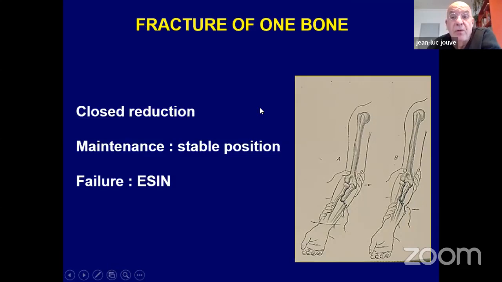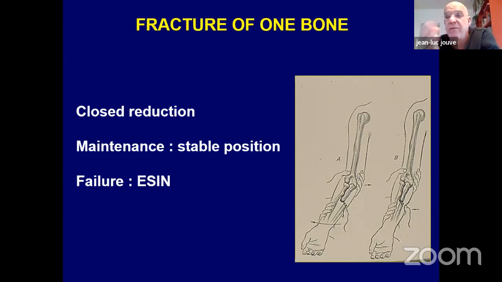Concerning fracture of one bone of the forearm, sometimes there is just one bone fractured. In case of fracture of only one bone, in my opinion, it's possible to do closed reduction, but it's most important to do surgery, because when there is one intact bone and one fractured bone, the consolidation is very long.